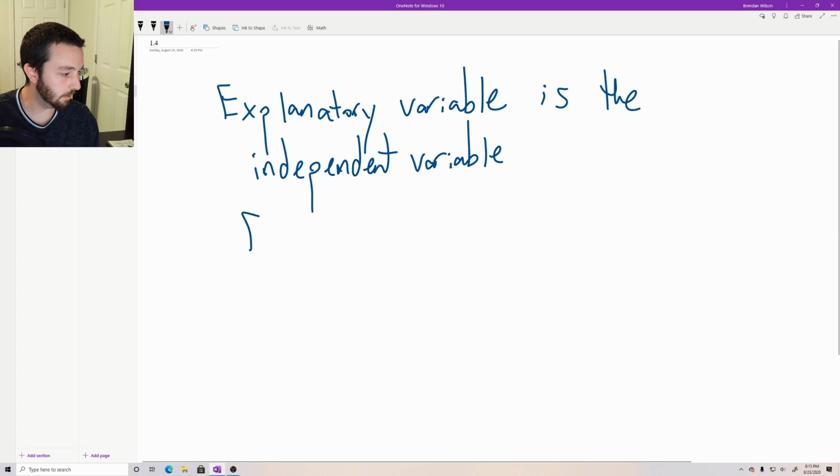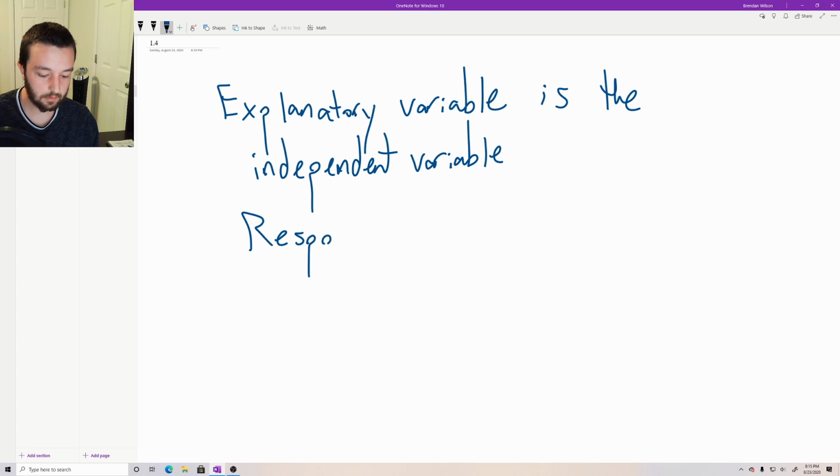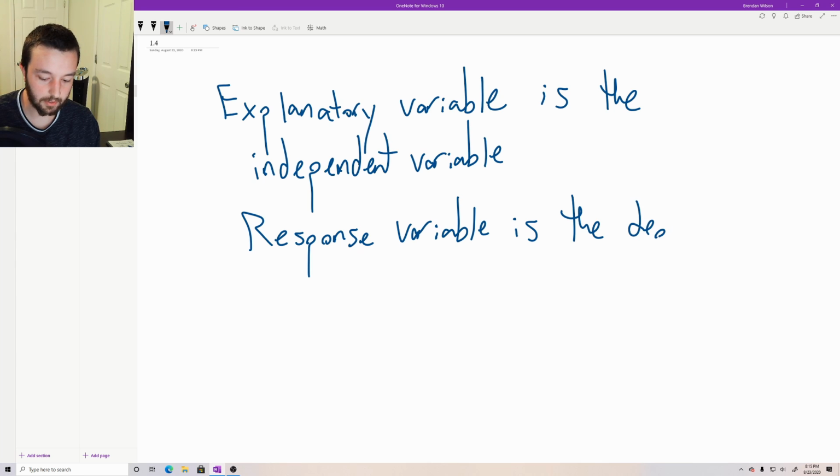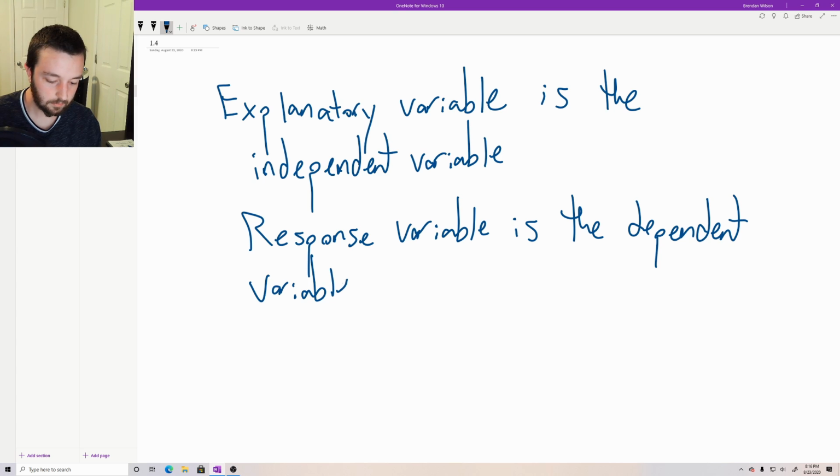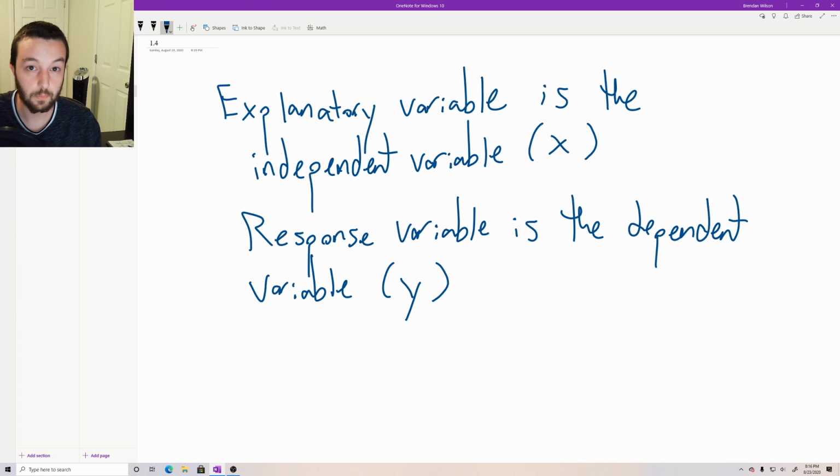And the response variable is the dependent variable. Okay. So your independent variable is normally represented with X. Your response variable is normally represented with Y.